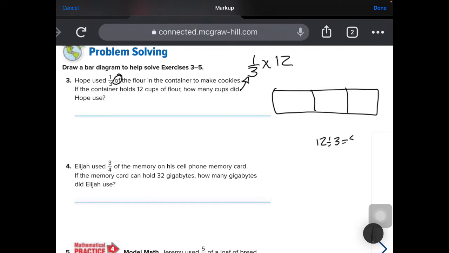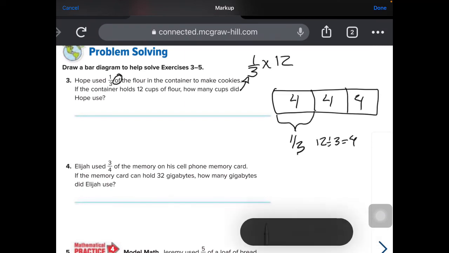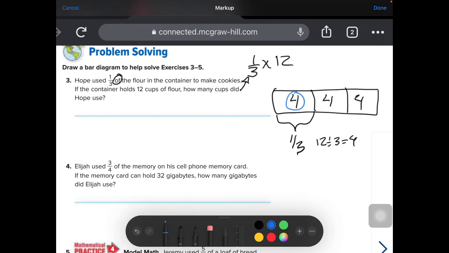Now I know if I take 12 divided by 3, it equals 4. So put a 4 in each of these. We're wanting to know what 1/3 of these are. Well, 1/3 of the whole thing is just a cute little 4, right? So our answer is 4 cups.